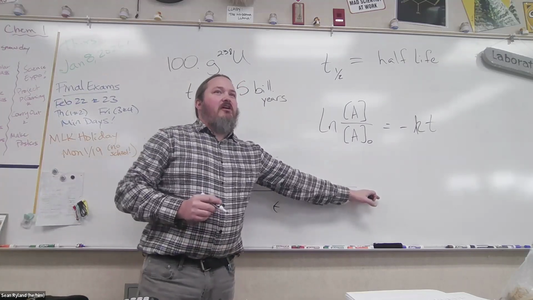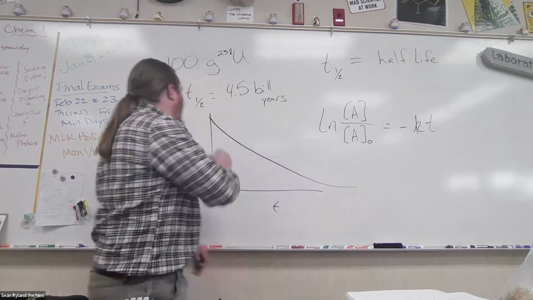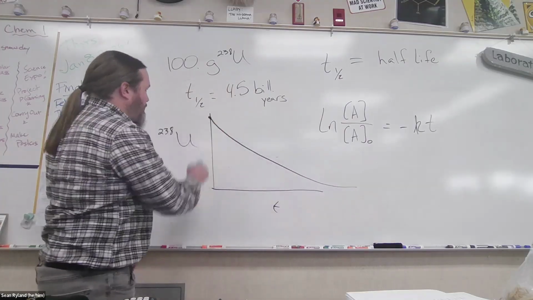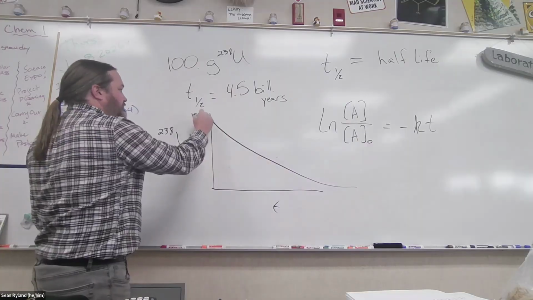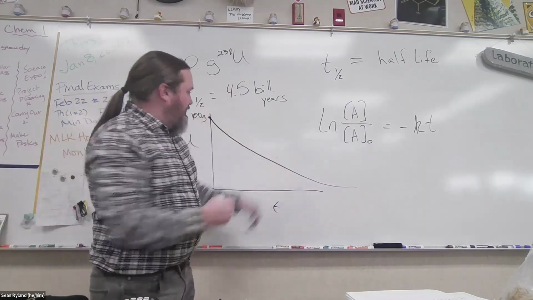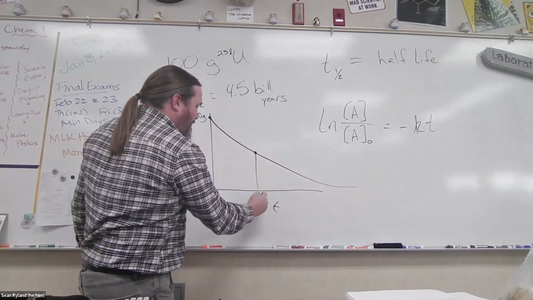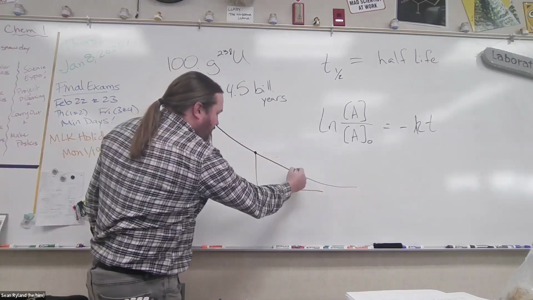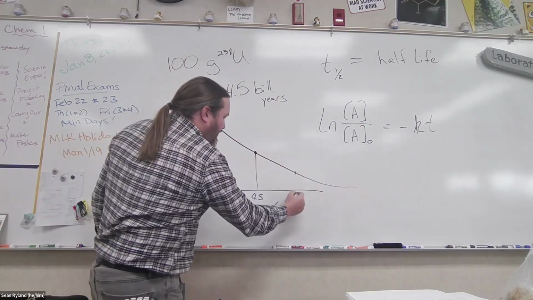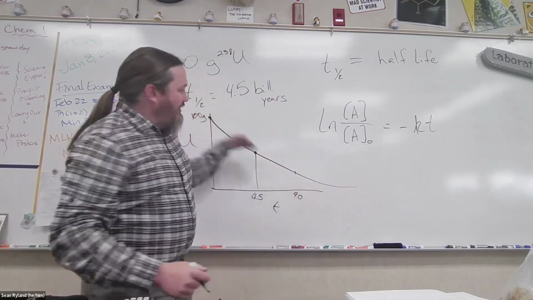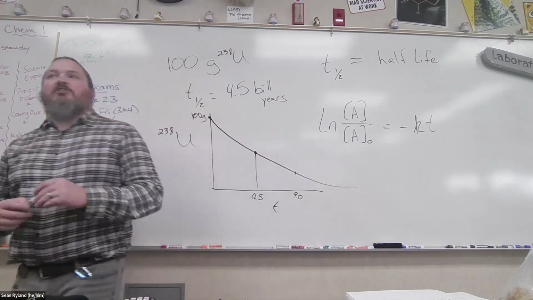What does that function look like? You started with 100 grams here, and it's going to gradually get closer and closer to zero. So there's half. That's 4.5 billion years. There's another half. There's 9 billion years. What type of function is it?